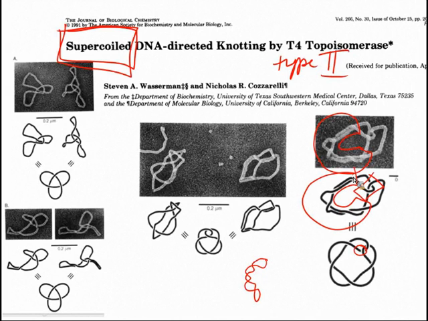So that's kind of interesting because, how does it know? This is a protein acting locally, making this global change below thermodynamic equilibrium. Now, if you increase the concentration of topoisomerase, then you start getting more knots. And so that was the way they created these DNA knots.